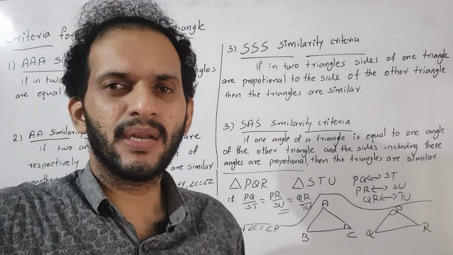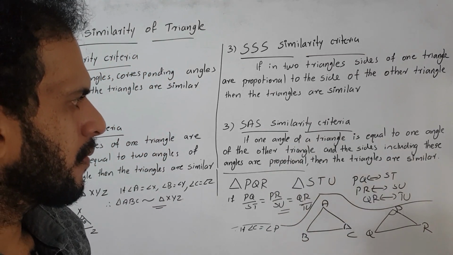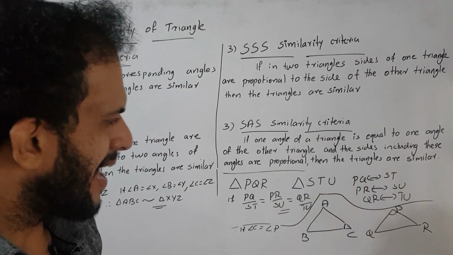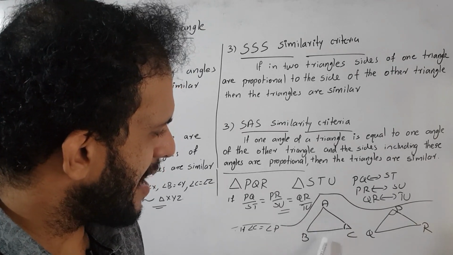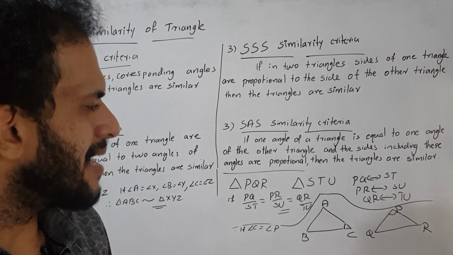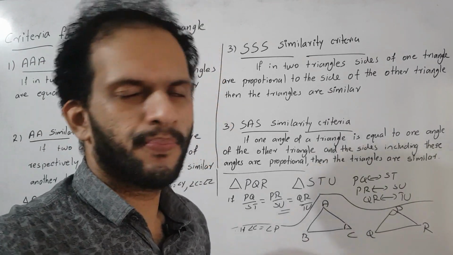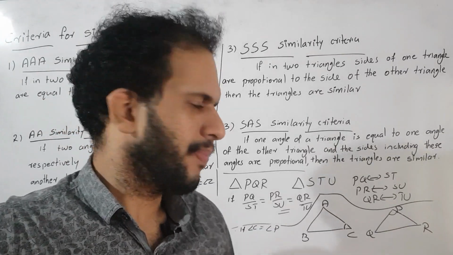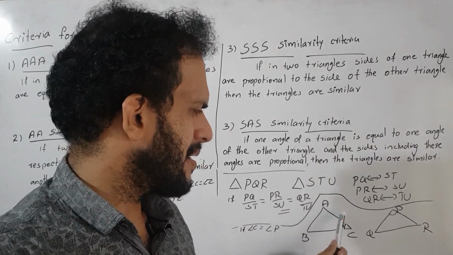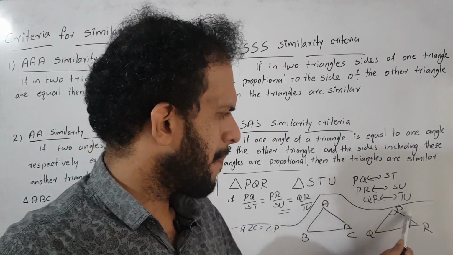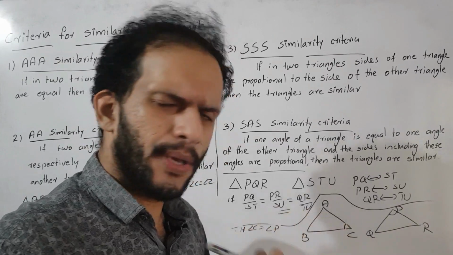The sides including angle C are AC and BC. The sides including angle P are PR and PQ. Next we verify that these sides are proportional: AC by PR is equal to BC by PQ.